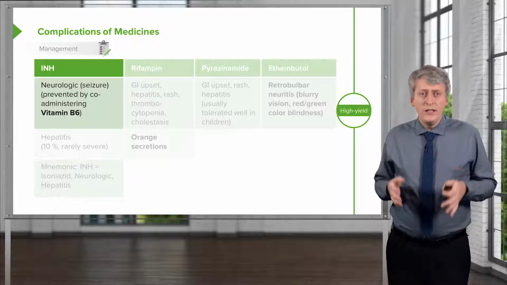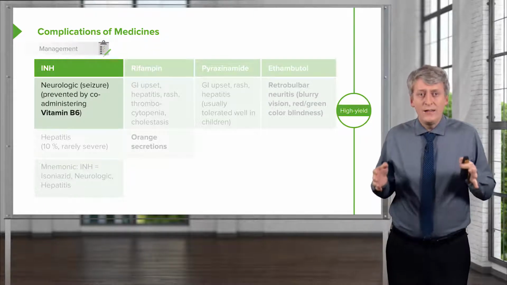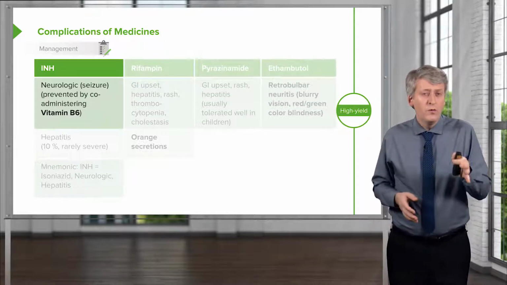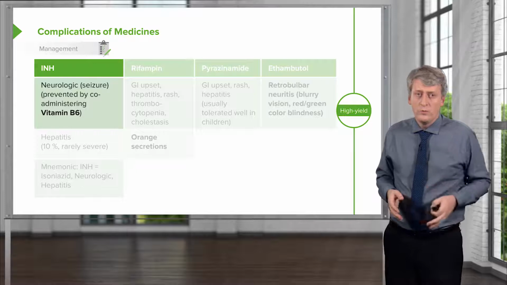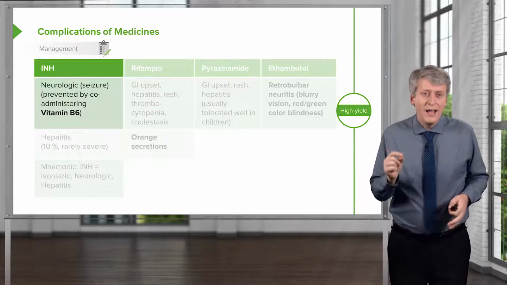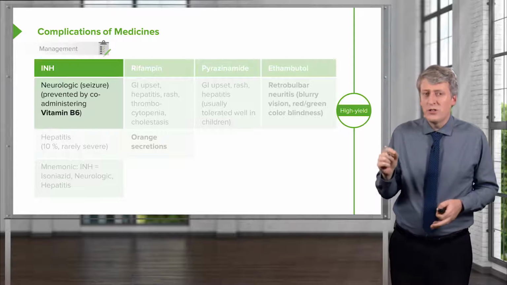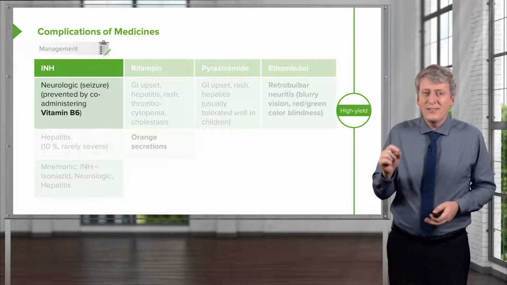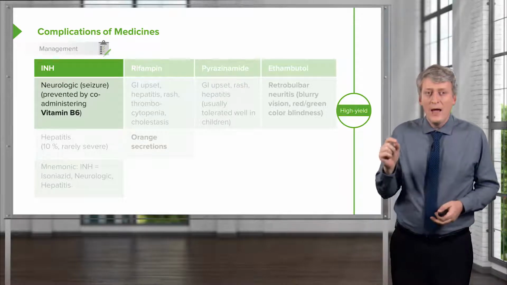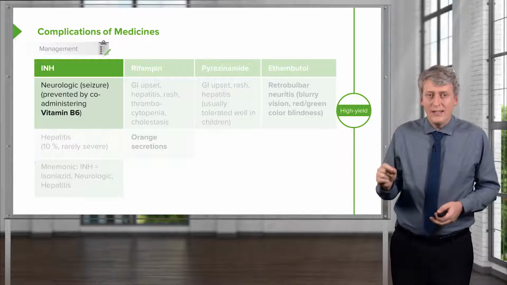If we're going to be using these drugs, some of them have unique side effects. And it's important for us to always understand the side effects of all the drugs we use. For isoniazid, the key thing here is seizure. And the reason why seizure is so key is that we treat this seizure differently than other seizures by giving vitamin B6.